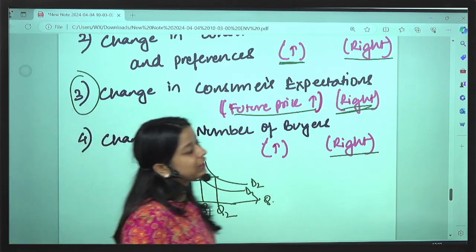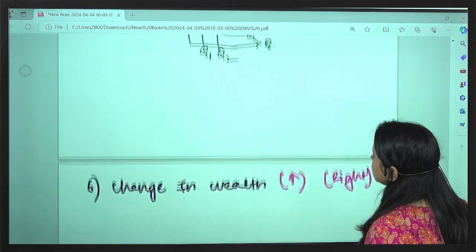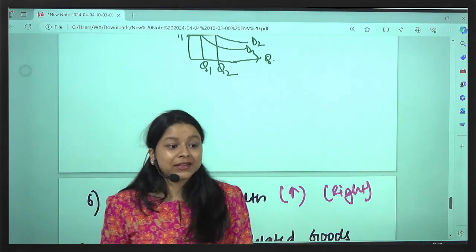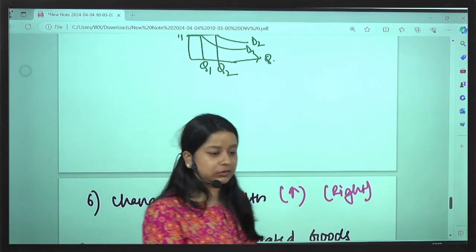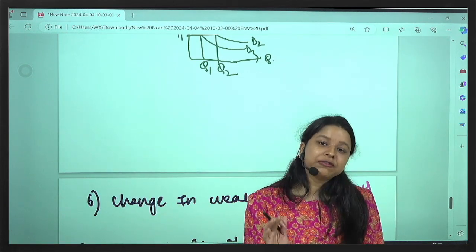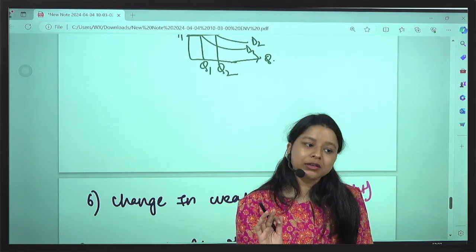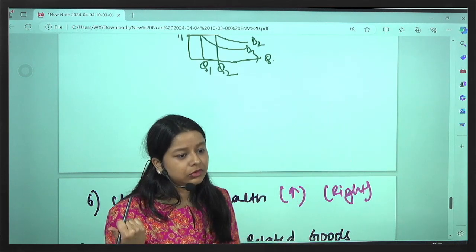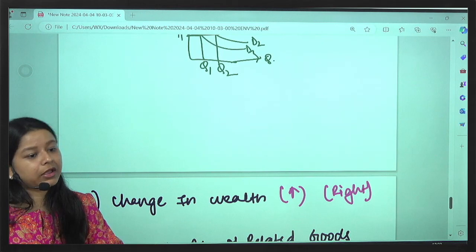If I say there is an increase in wealth, what do you understand by wealth? What do we call it in Hindi? जायदाद. So if your grandfather leaves you a good जायदाद, है ना? They have left you a good amount of wealth in their will. Suddenly overnight, next day you found the will, and बहुत सारा wealth आ गया आपके पास.